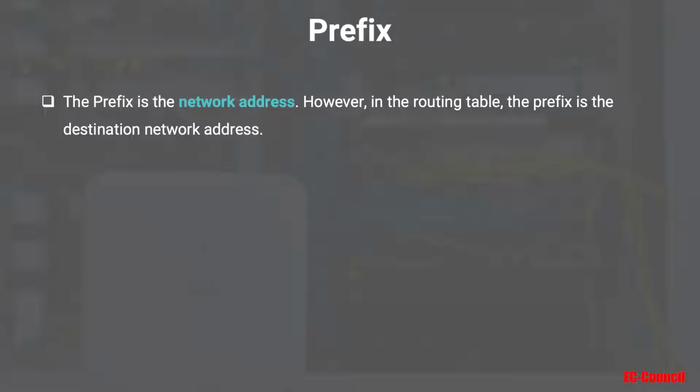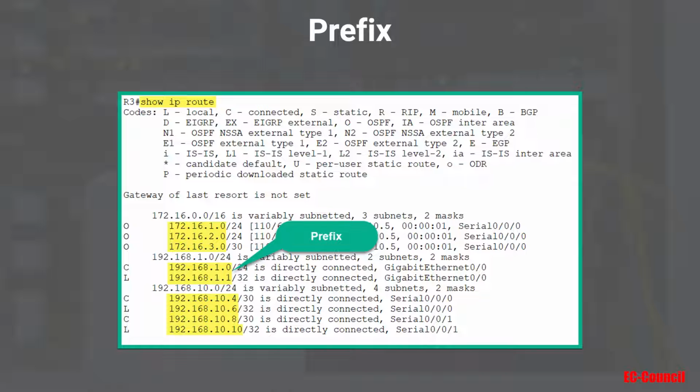Let's take a look at what the prefix is. In this snippet, we used a show ip route command within our router. It gave us all the routing protocol codes, and take a look at all of these entries highlighted in yellow. Each of these, the entire line, is what we call a route.